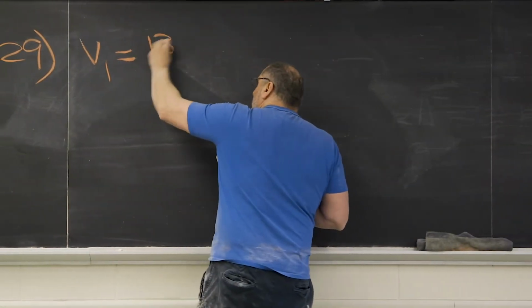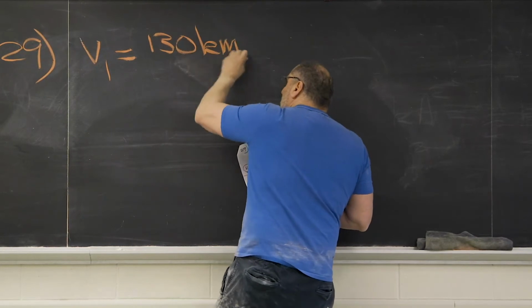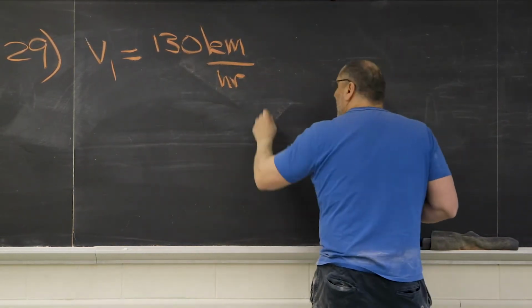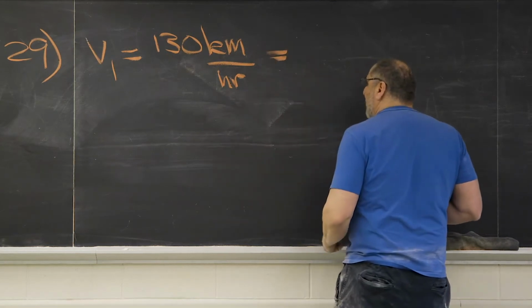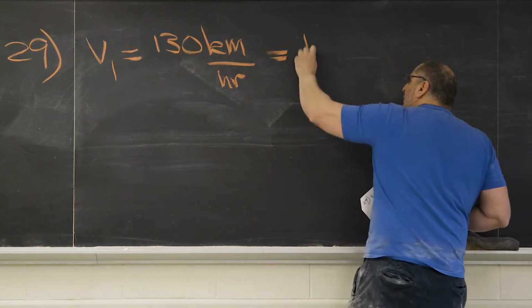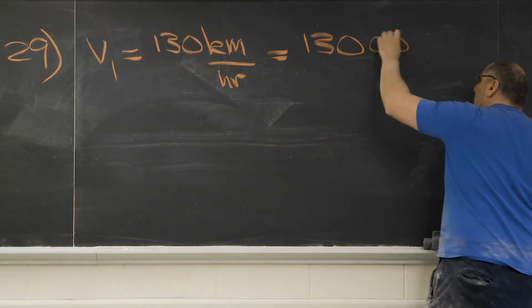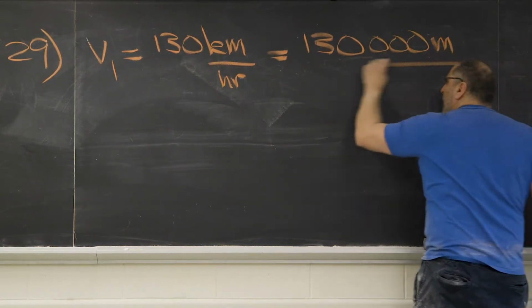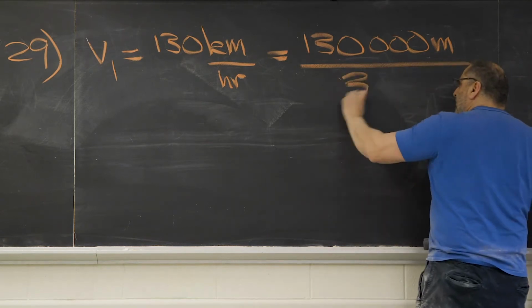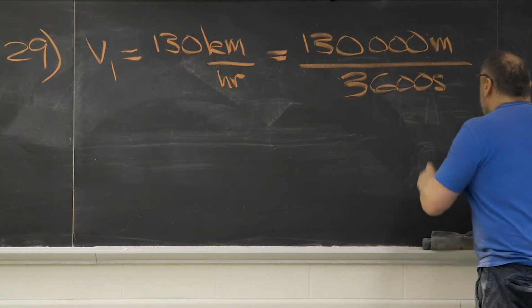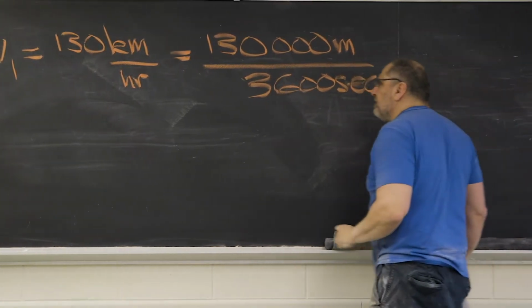V1 is 130 kilometers per hour. What does that mean? Well, we want meters per second. 130 kilometers, each kilometer is 1,000 meters. An hour is 3,600 seconds.